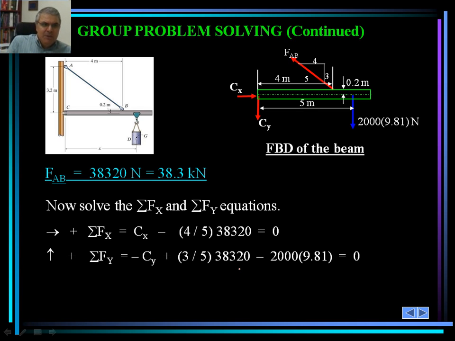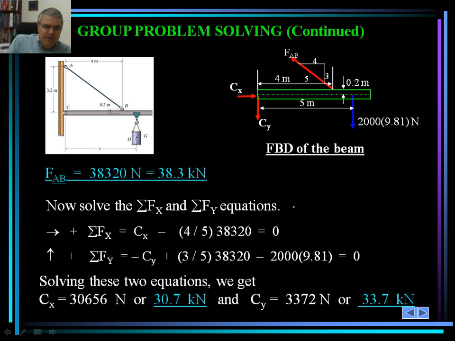Then we would continue our calculations, and we would take the summation of forces in the X and in the Y direction. We set that to 0, and we can actually solve for C sub X and C sub Y as such. So the first one is the 4/5 of 38320. This is the F sub AB. Remember, this is going to have two components.